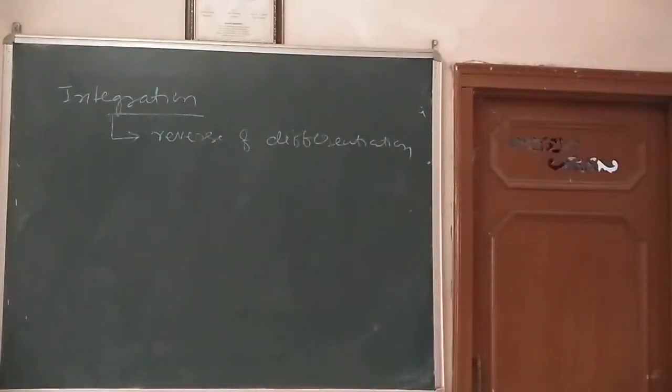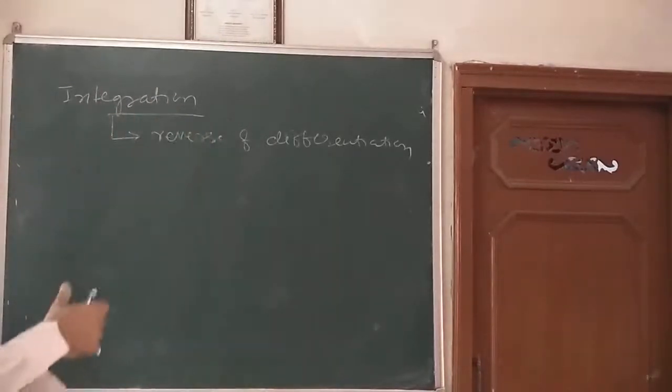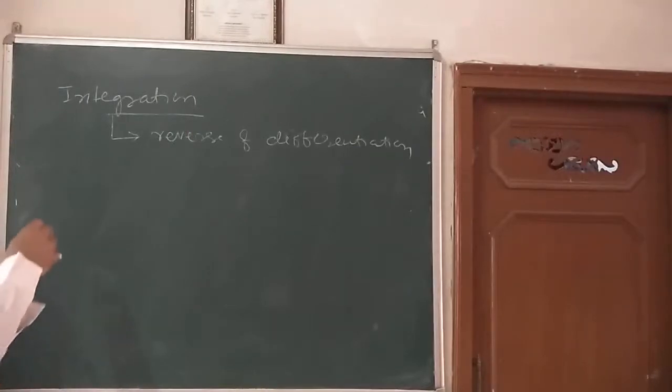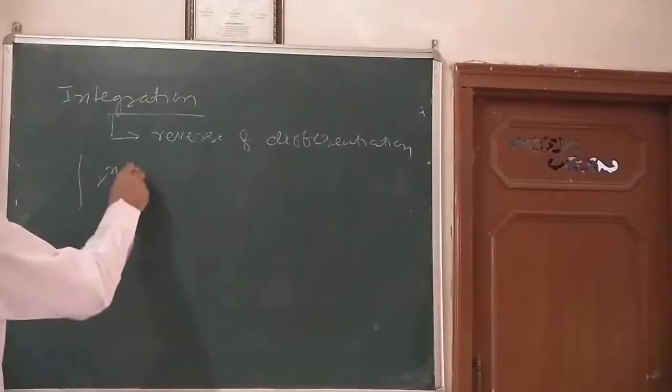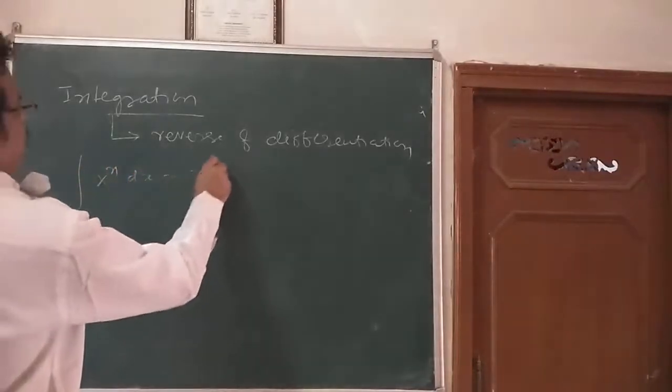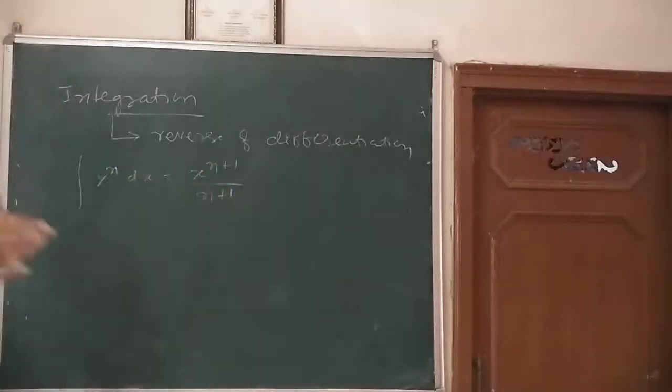Whenever we have to solve a big problem, we have to use differentiation and integration, that is the reverse of differentiation. And the formula for integration, this is the symbol of integration: integral of x to the power n dx is x to the power n plus 1 divided by n plus 1. Proving this is not in our syllabus; students who study mathematics solve it there.